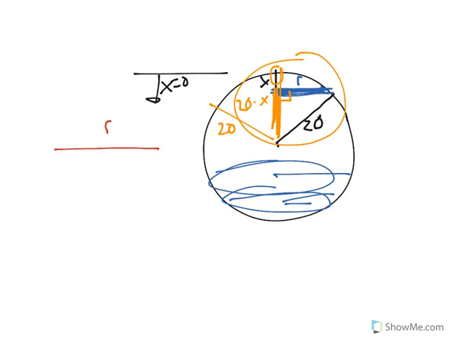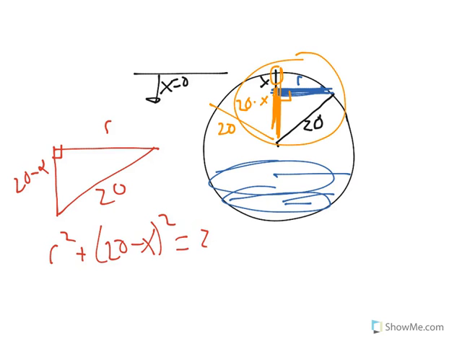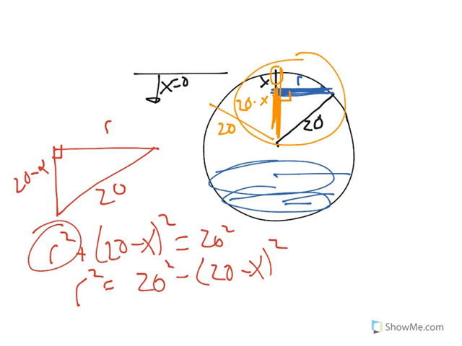I know this is the r I'm looking for, this radius is 20, and this is 20 minus x. So we can use the Pythagorean theorem to figure out r. We know that r squared plus (20 minus x) squared equals 20 squared, and we can solve for r squared equals 20 squared minus (20 minus x) squared.